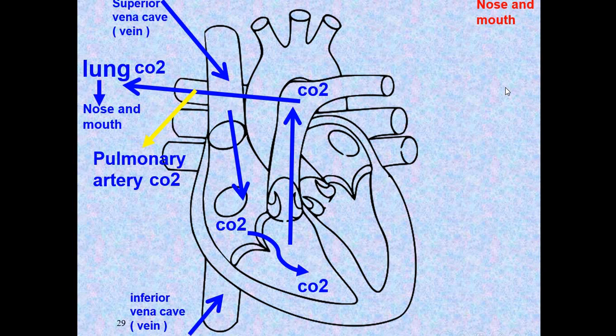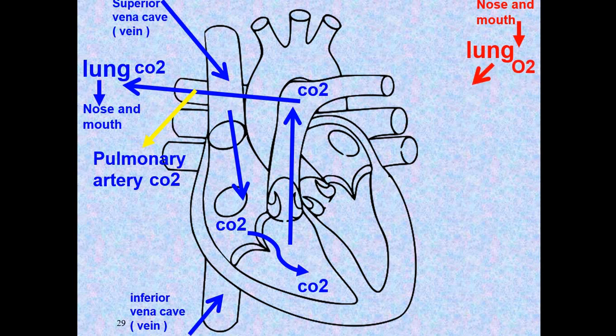Start with the air. The air will come from outside. We inhale air, which enters from the nose and mouth to the lung. This air contains oxygen.